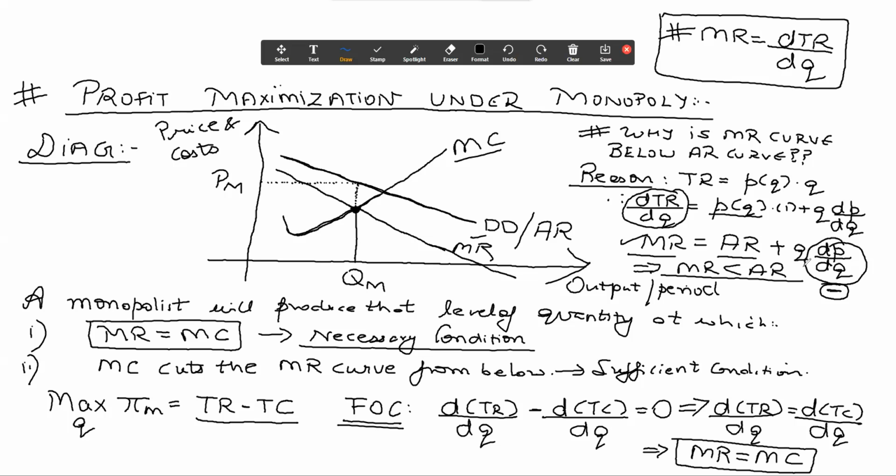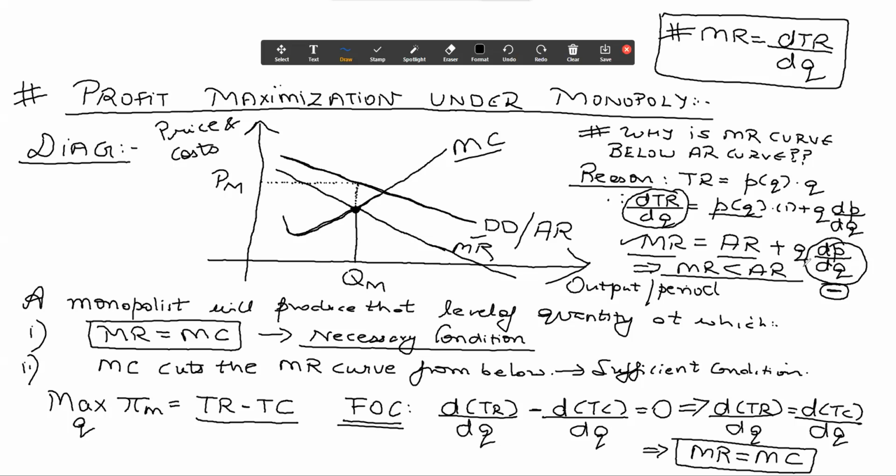This was the mathematical reason. The logical reason is that in economics, changes in marginal are always faster than changes in average, because marginal takes into account only the change in total revenue, but average takes into account the whole total revenue as well. Marginal captures only the change.